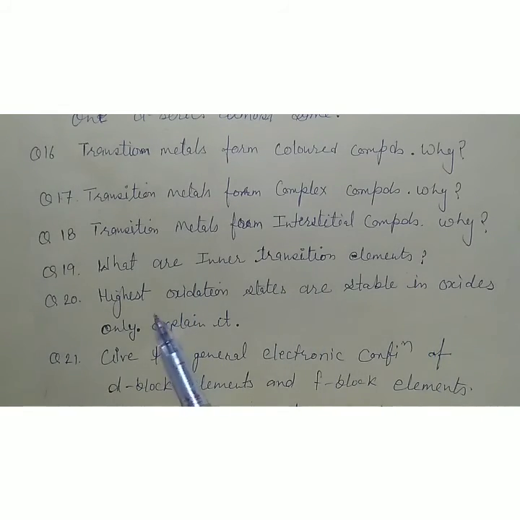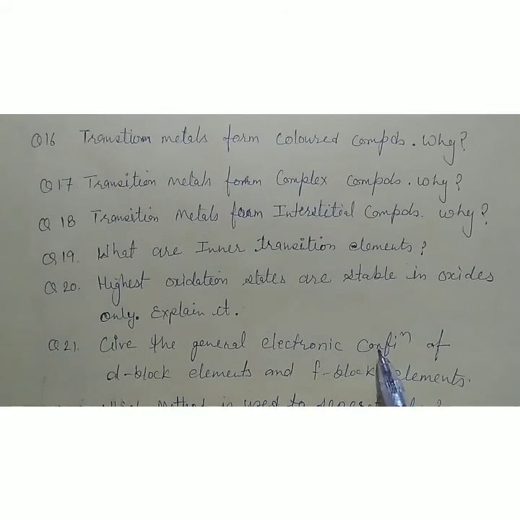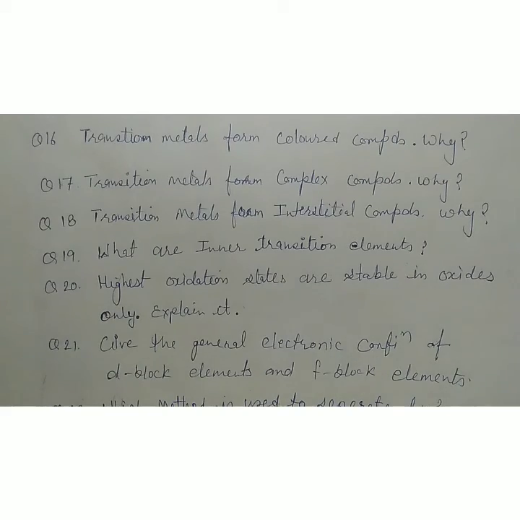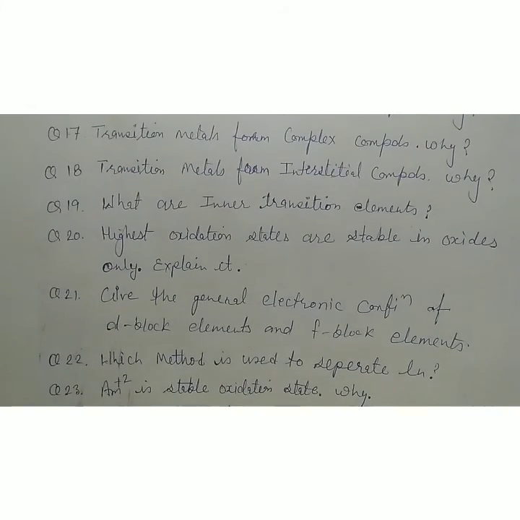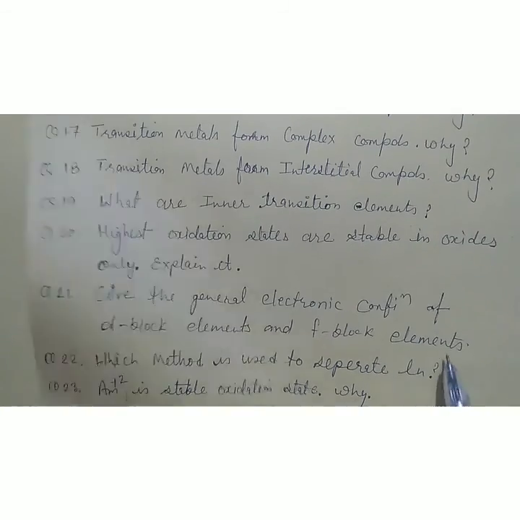Highest oxidation states are stable in oxides only, in lanthanides, actinides, and D block elements also. Explain it. Give the general electronic configuration of D block elements or F block elements. Which method is used to separate lanthanides?